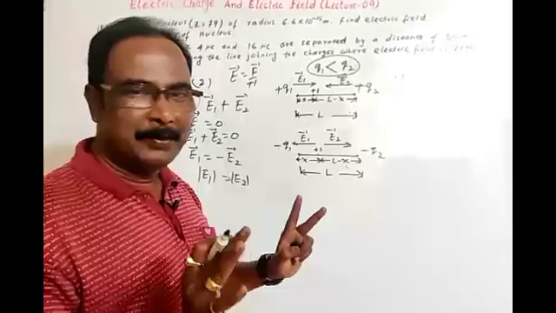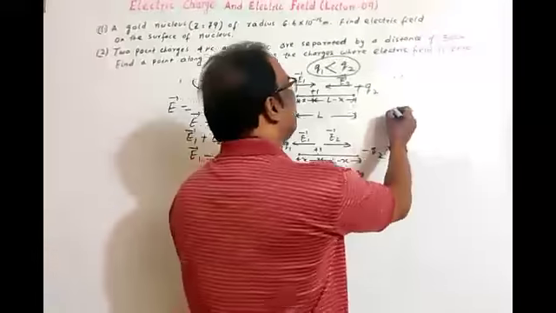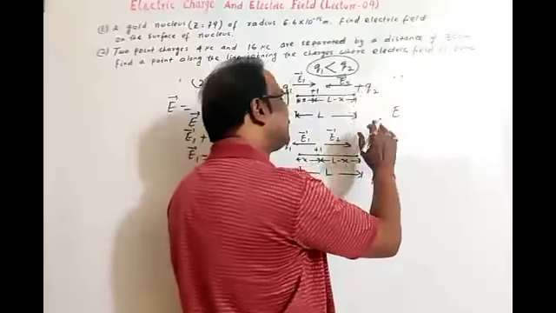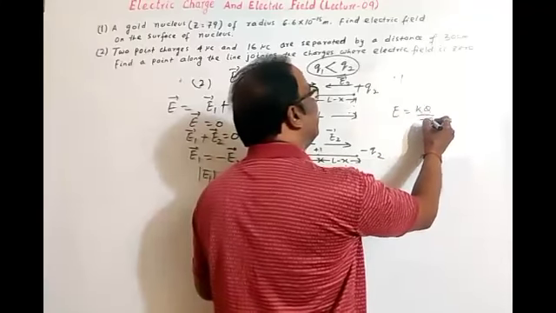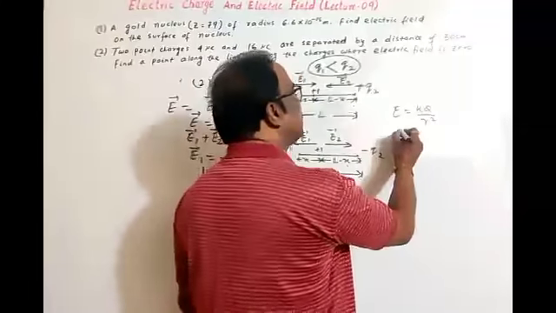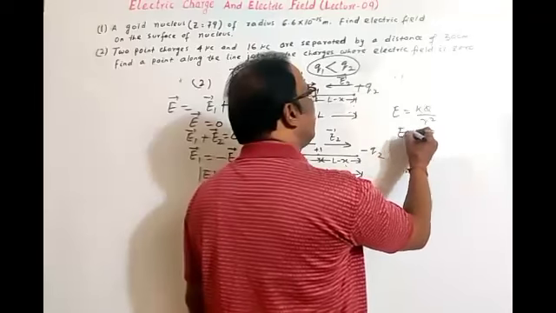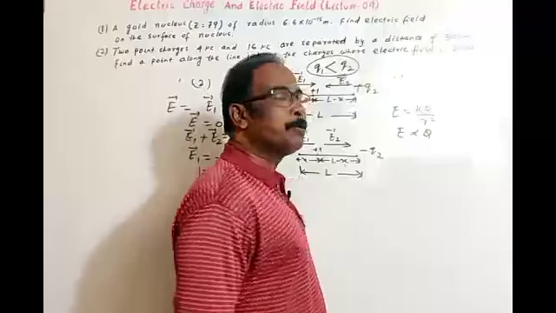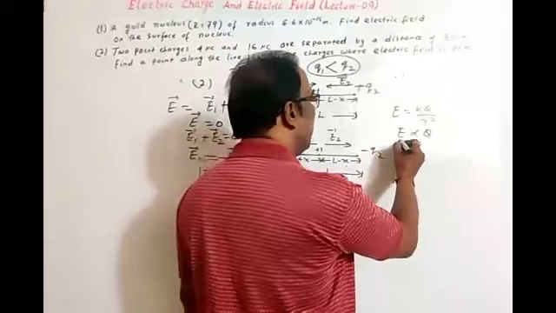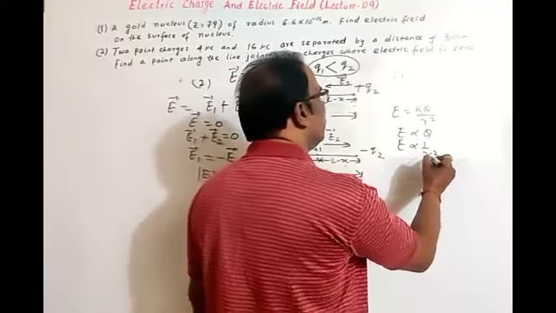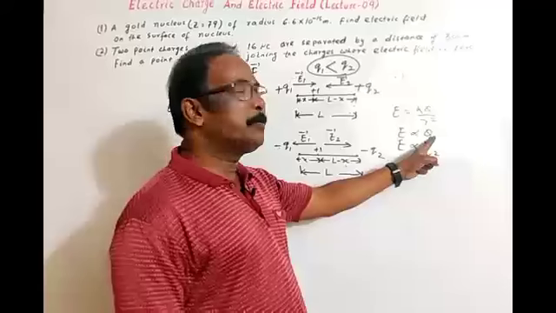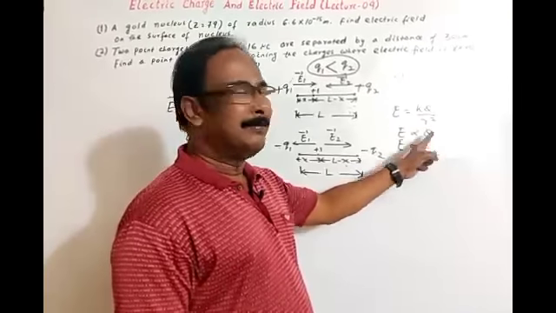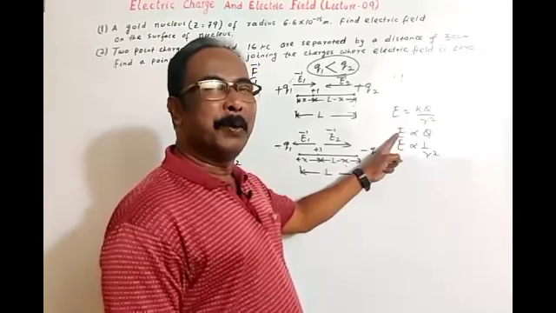Why? We already have that directions are opposite. The magnitude of electric field intensity is KQ divided by the square of the distance, and this shows that the magnitude of electric field intensity is directly proportional to the magnitude of charge and inversely proportional to the square of the distance. If the magnitude of charge is more, then the electric field is more.